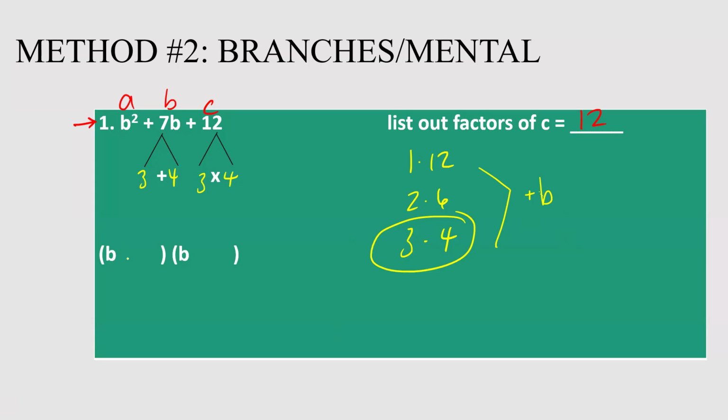So therefore, my factored form is b plus 3, b plus 4, and now I have created a factor. Instead of having monomial factor, we now have binomial factor. You should have done this in Algebra 1.